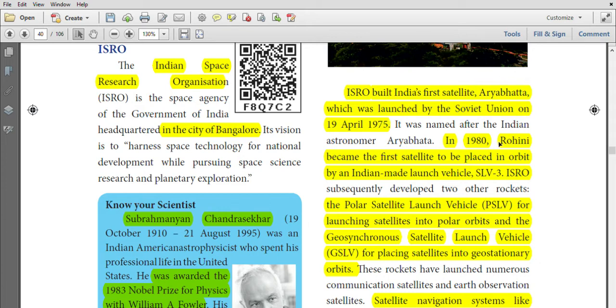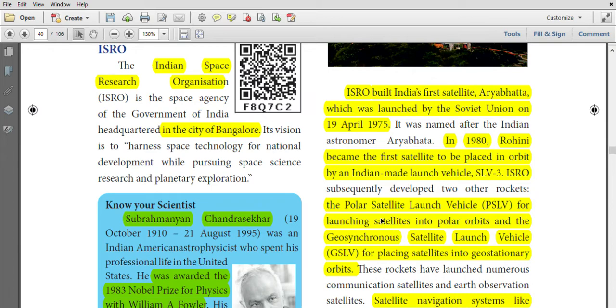Then India made a satellite, Rohini, in 1980. It was launched by the Indian-made vehicle SLV-3. The SLV-3 was created by ISRO.